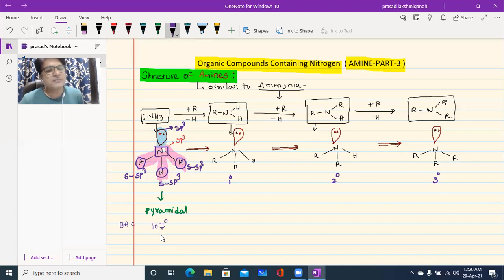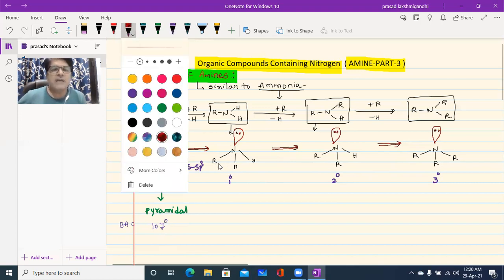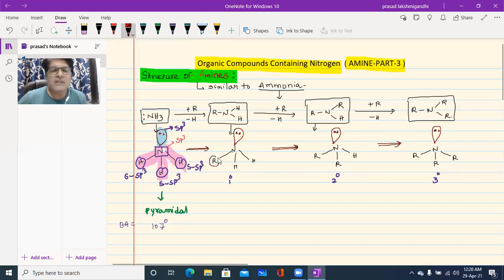So here what happens? Amines are also derivatives of ammonia, as we already know. Then what about the bond angle with increasing number of alkyl groups? Suppose instead of R, I am taking one CH3 group, an alkyl group.